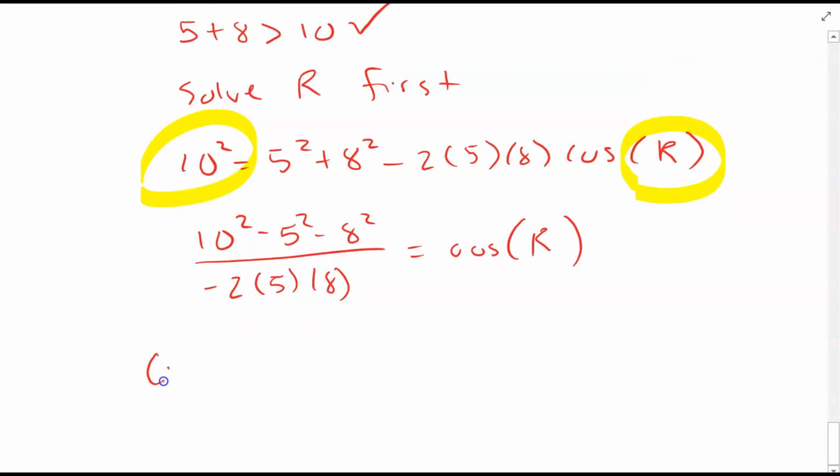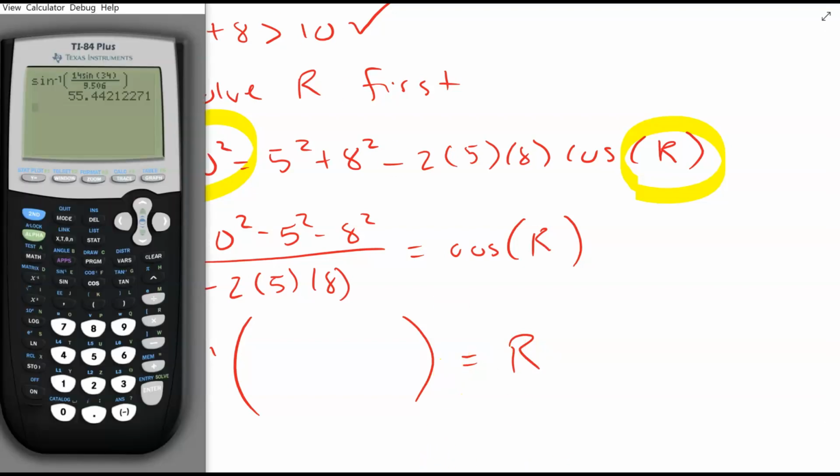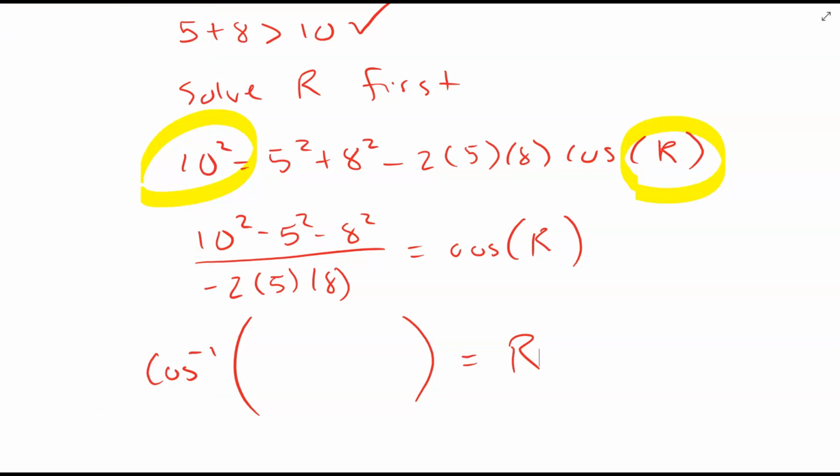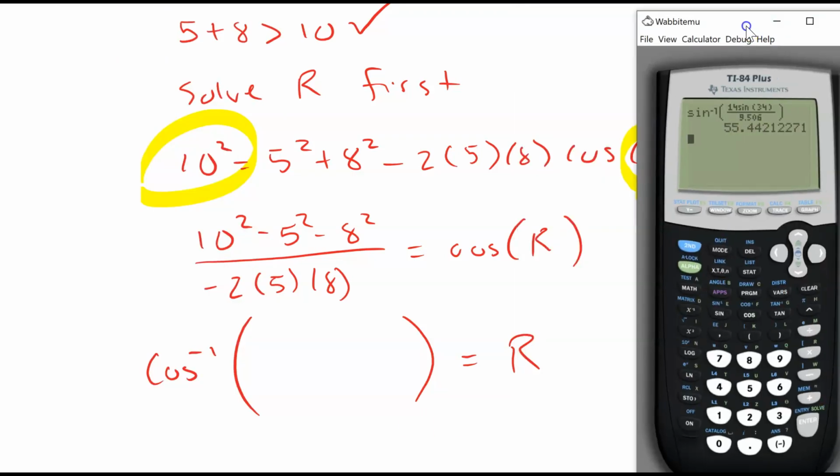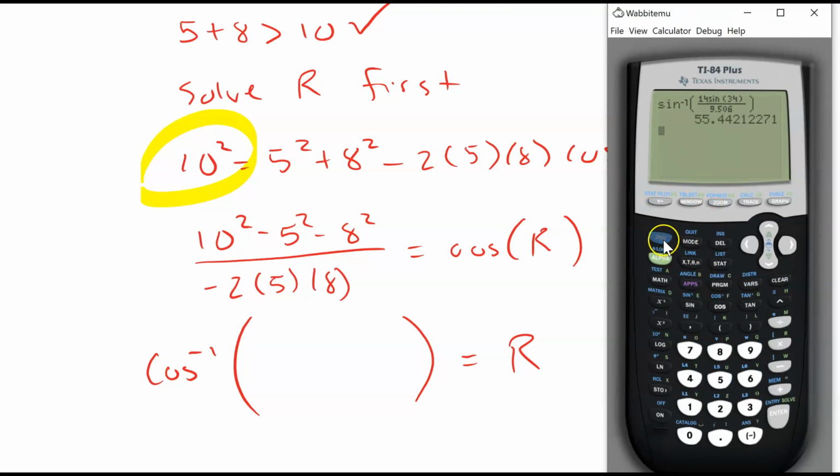Okay, and then we'll take the cosine inverse of both sides to give me r. And I'm going to do the same thing that I did before and just leave an empty parenthesis there. So I have cosine inverse of, and again, I like to use that fraction command on my calculator because it just saves me having to worry about the parentheses.